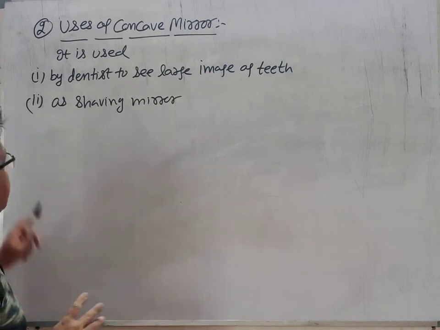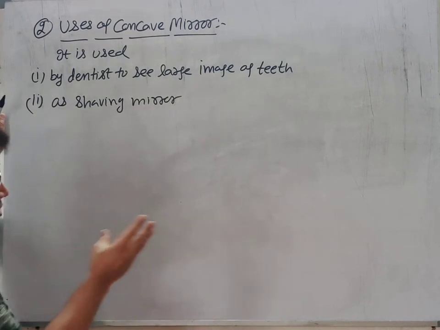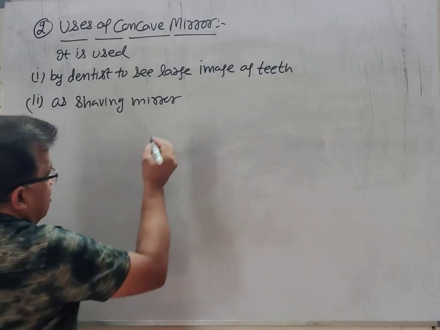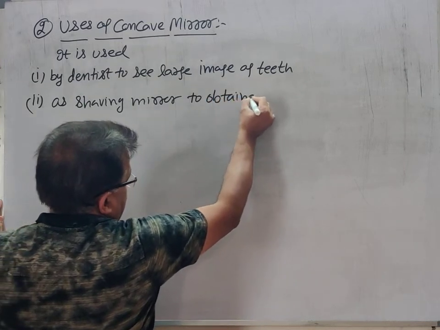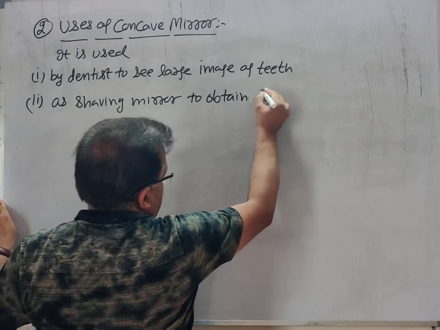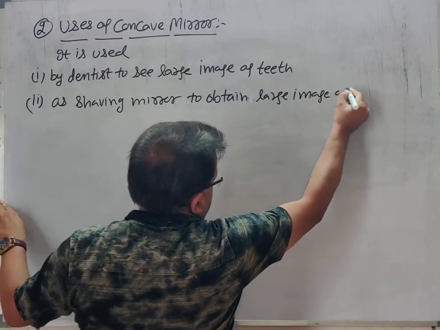When we keep the object near the mirror, then the image is large. So it is used as a shaving mirror to obtain a large image of the face.